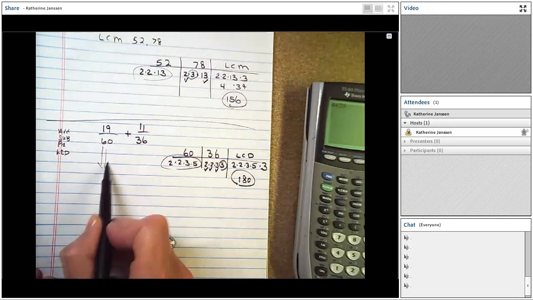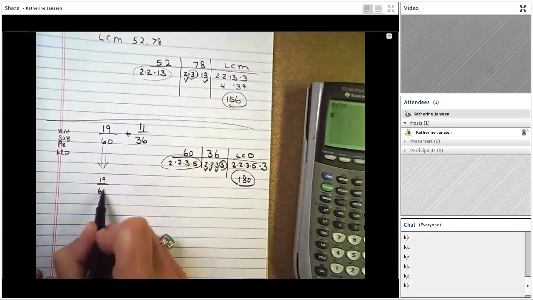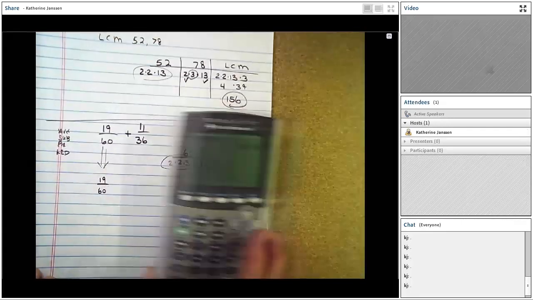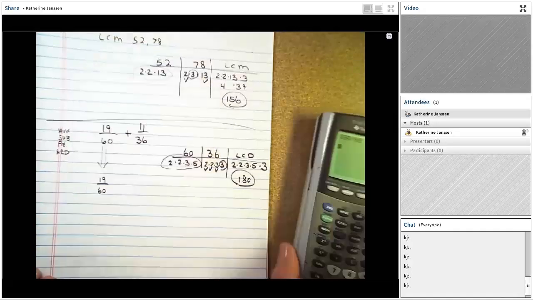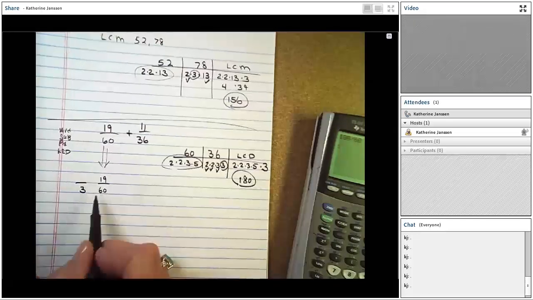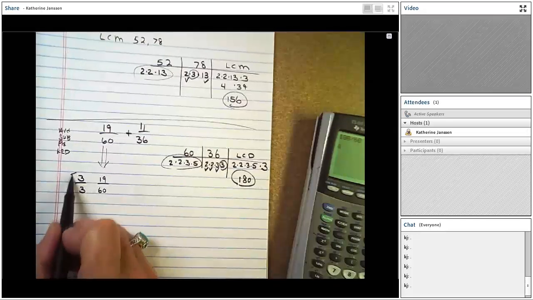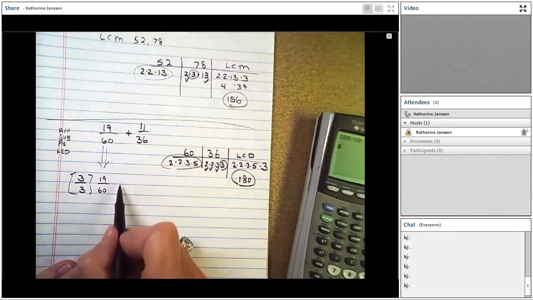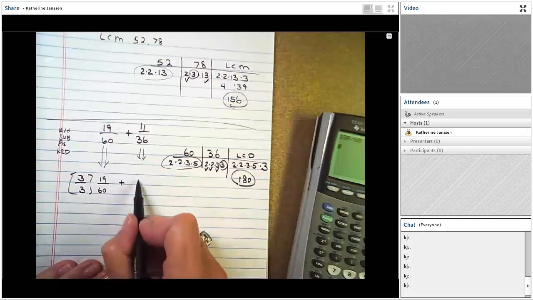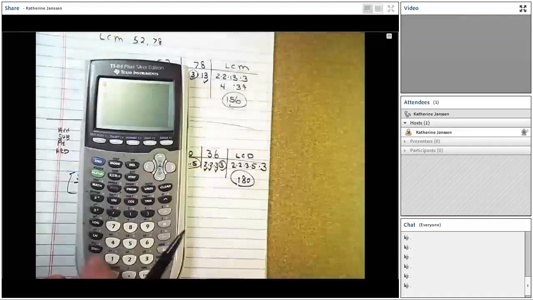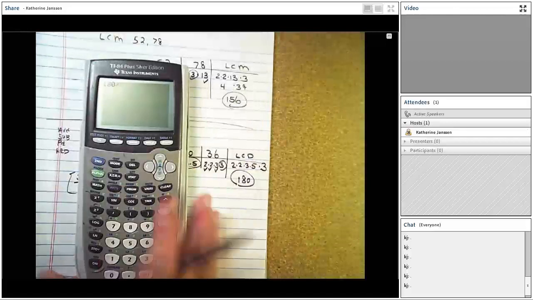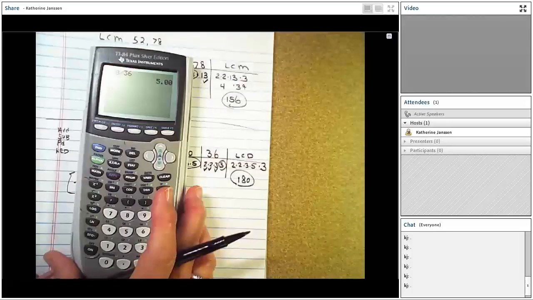So I want to convert 19/60ths to 180. So 180 divided by 60 is 3. So 3 times 60 would be 180. I'll have to multiply the numerator by 3, plus convert 11/36 to 180ths. 180 divided by 36 is 5.